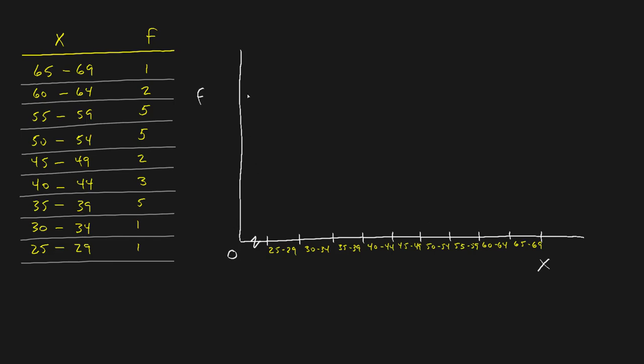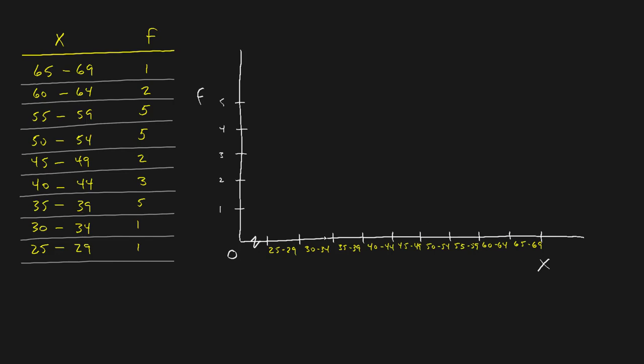On the side, my frequencies, I don't need to be so extreme because these only go up to 5, and so I just need to have 1, 2, 3, 4, and 5. So that's 1, 2, 3, 4, 5.